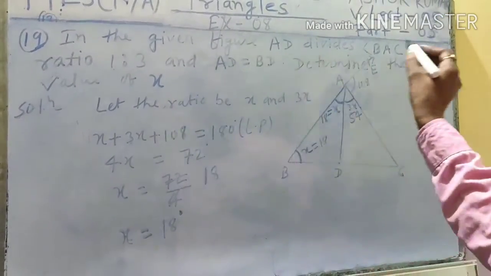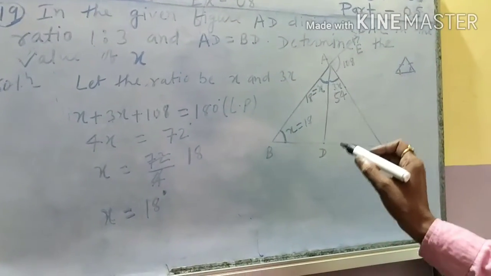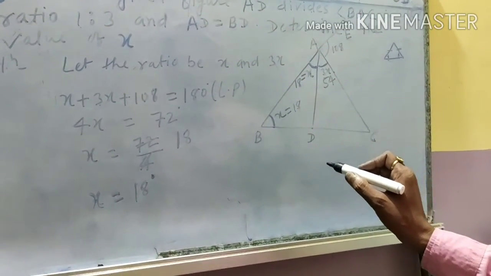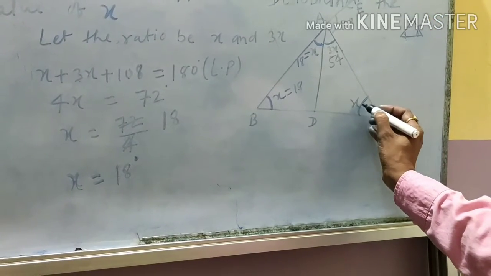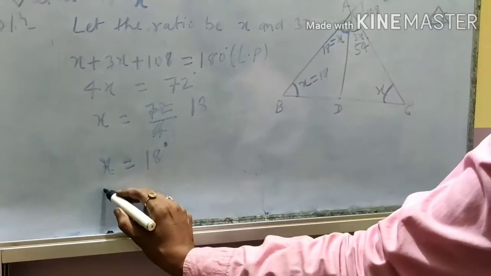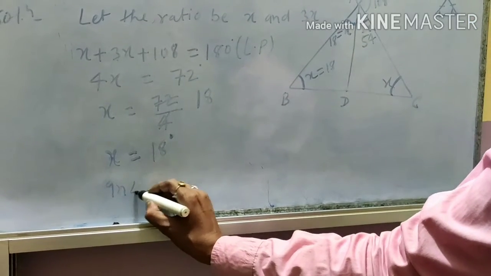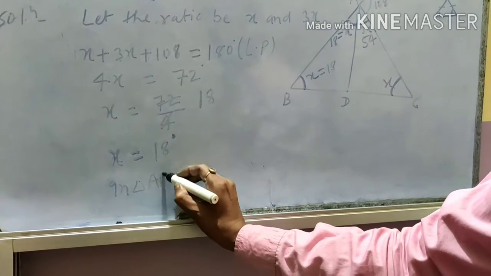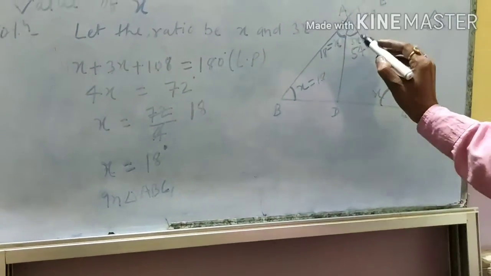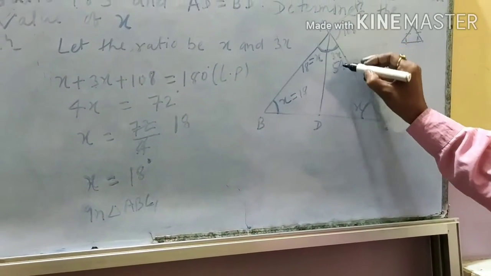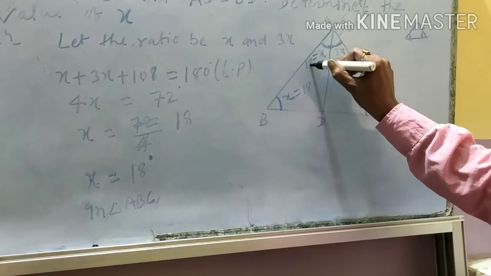Now determine the value of x. Student, determine the value of x, this angle. In triangle ABC, this whole angle is 54 plus 18, which is equal to 72.